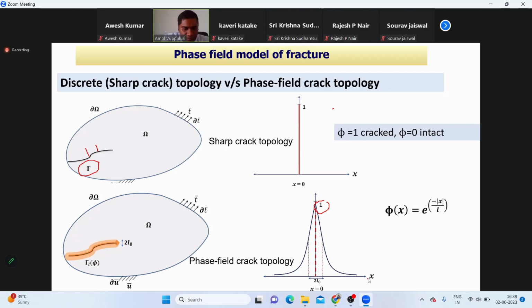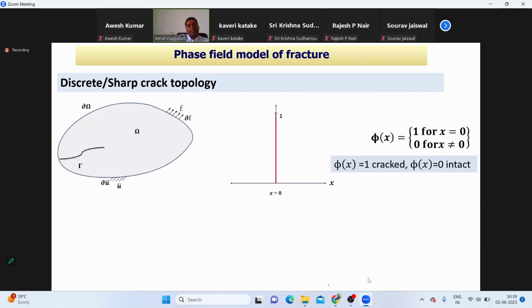So phase field model inherently has got a length scale parameter. If you look at this figure, I'm just highlighting, there is a length scale parameter which is already introduced here, which is 2L0. So phase field model has got a damage in the smeared form, which also incorporates the length scale impact.